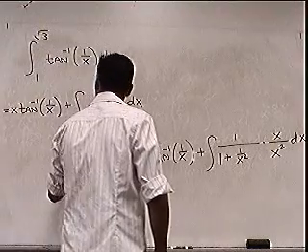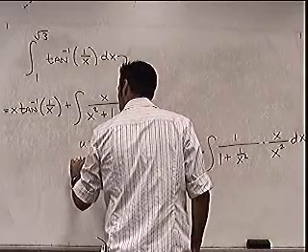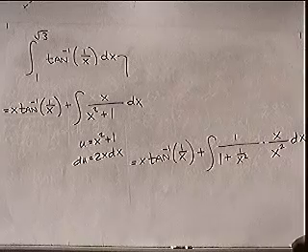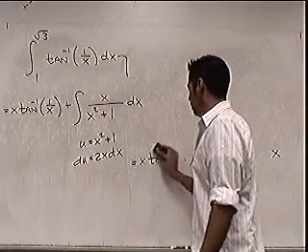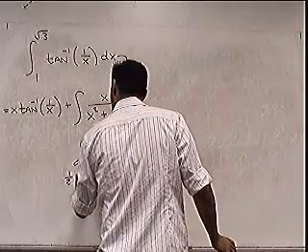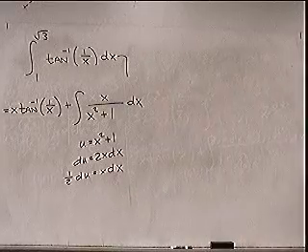So here I just make a basic substitution. u is equal to x squared plus 1. du would be equal to 2x dx. I don't have 2x dx, I actually just have x dx, right? So I'd have to multiply both sides here by 1/2. And now I can rewrite that integral.